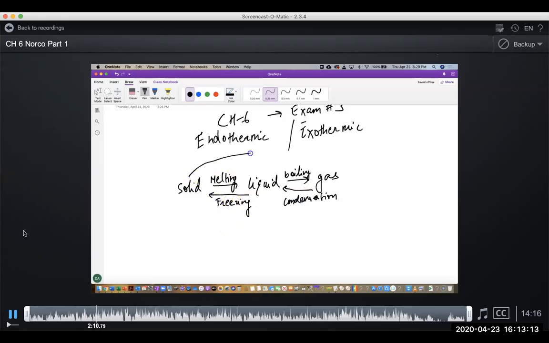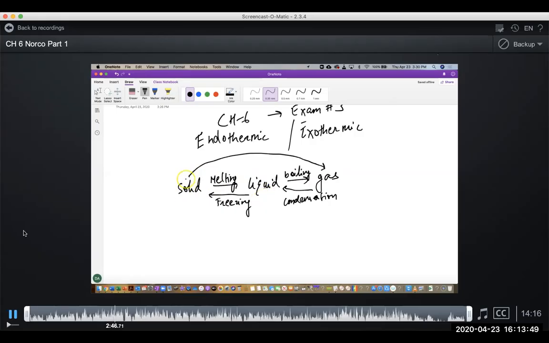Now, there's one more thing we need to learn here: going from solid to gas is also a possibility. That's not very common. Usually, when you go from solid to a gas, you must go through a liquid. You take ice, you change it into liquid water, then it changes into steam. But in some cases, like dry ice, you take solid carbon dioxide, which is frozen and looks like ice. If you try to change it into a gas, it goes directly from solid to gas. It does not go into a liquid.